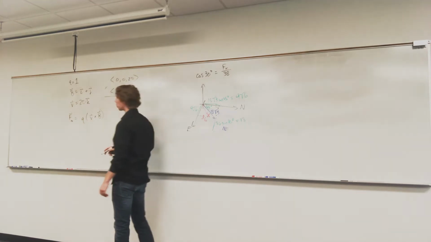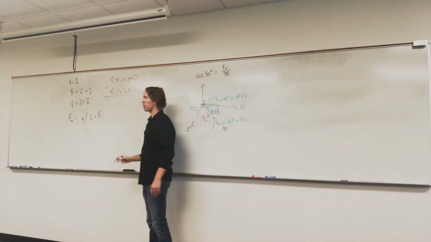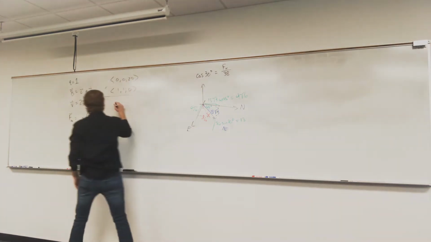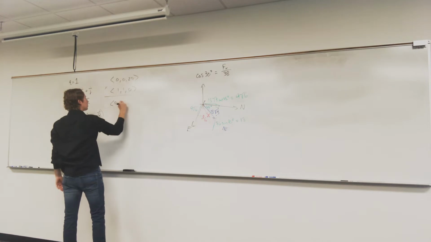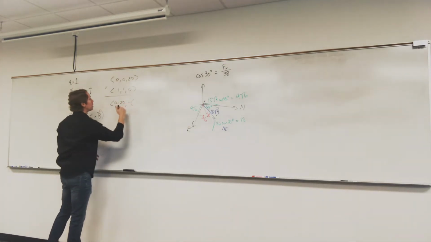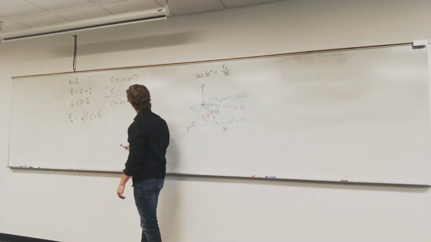When I take their cross product, remember I'm thinking of the ijk up here and do the matrix multiplication. So I've got 0 minus 20, and then negative. Cover up the second column, I get 0 minus 20 again.